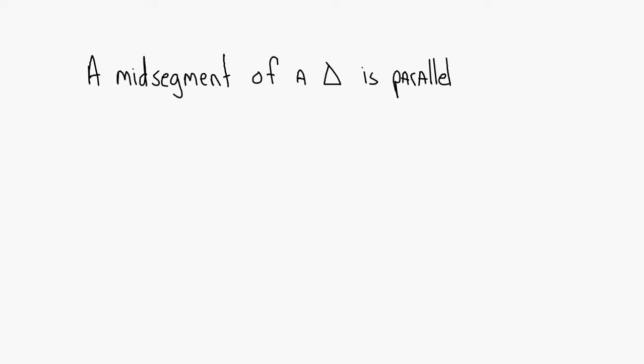A midsegment of a triangle is parallel to one side and half that side's length.